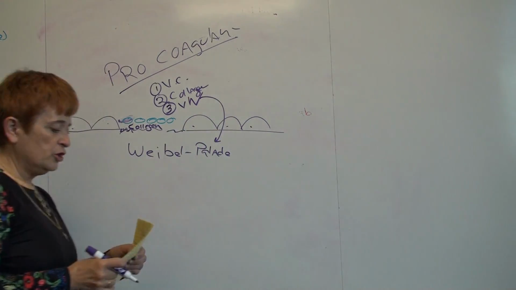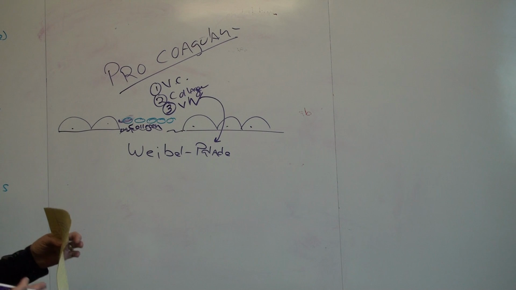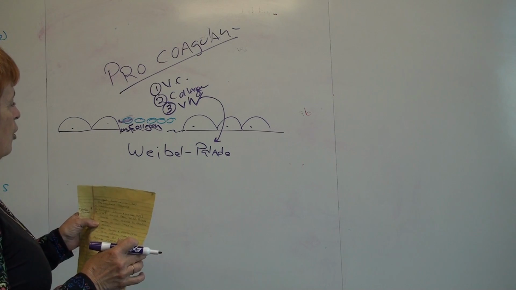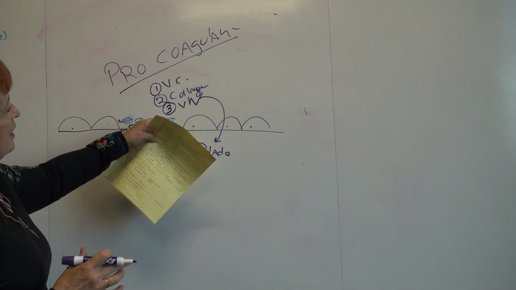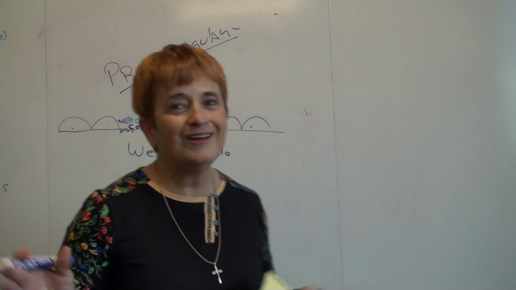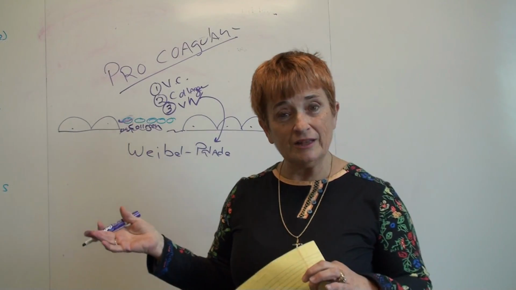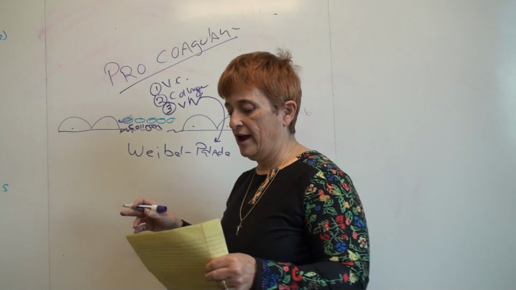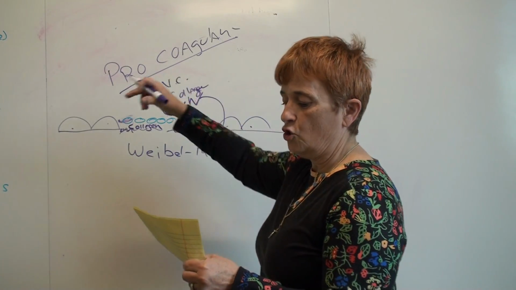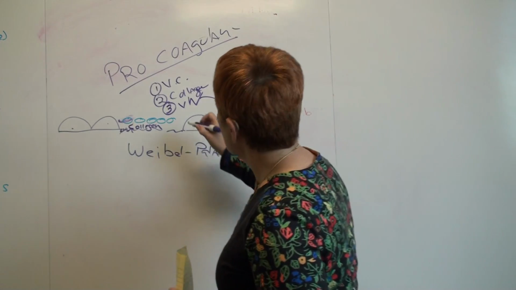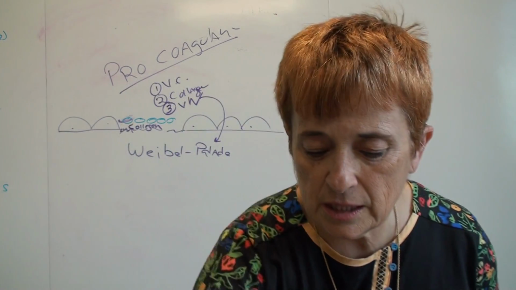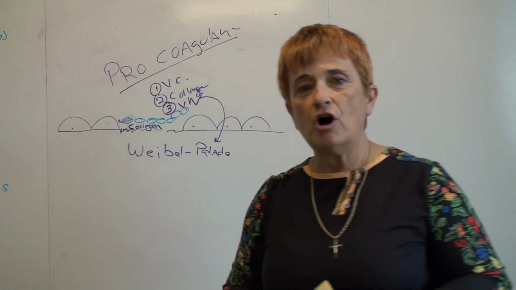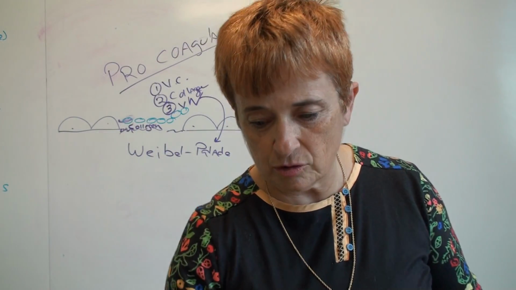Those come from when your thrombin is activated. Why do I need von Willebrand's factor? I need it so that the platelets can hook onto it.